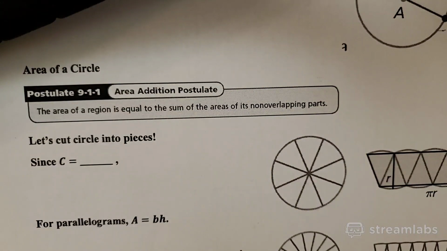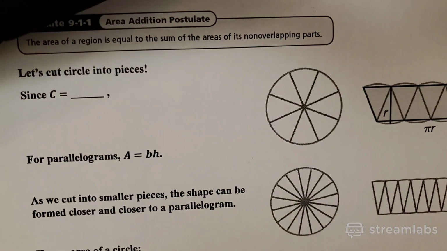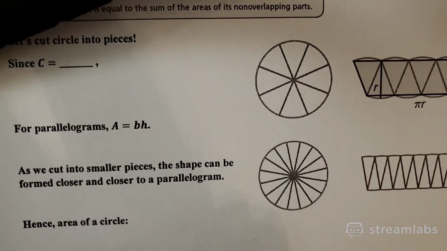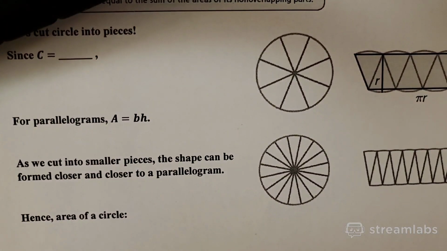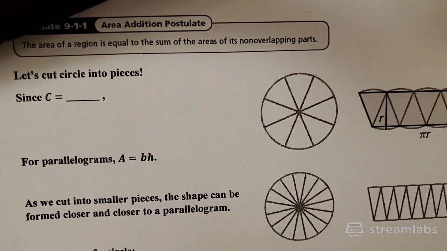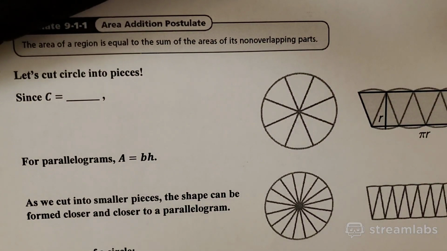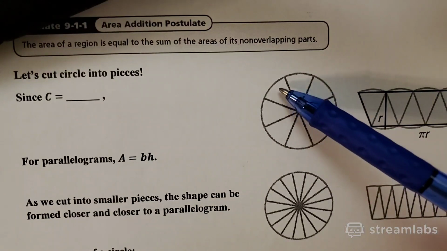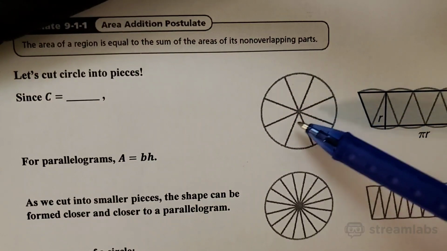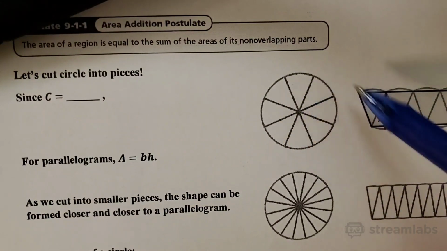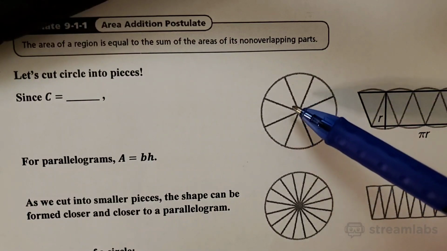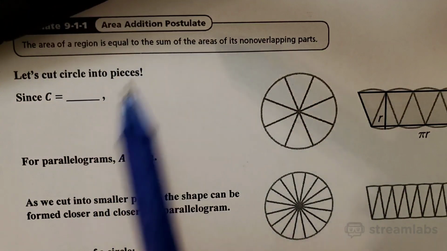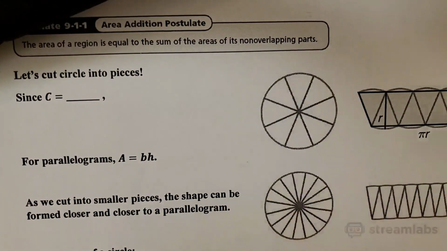So take a look. Before we start talking about area of a circle, let's talk about the area addition postulate, which is basically saying that if I want the whole circle, I can cut it into parts and add them up. The area of a region is equal to the sum of the non-overlapping parts, which makes sense, right?